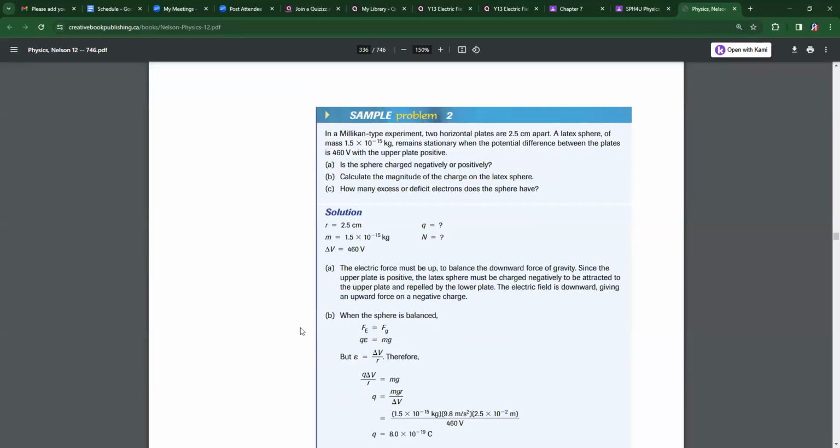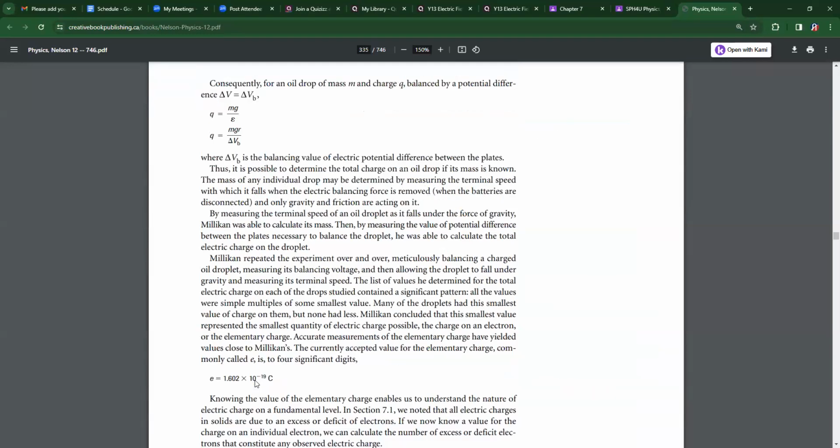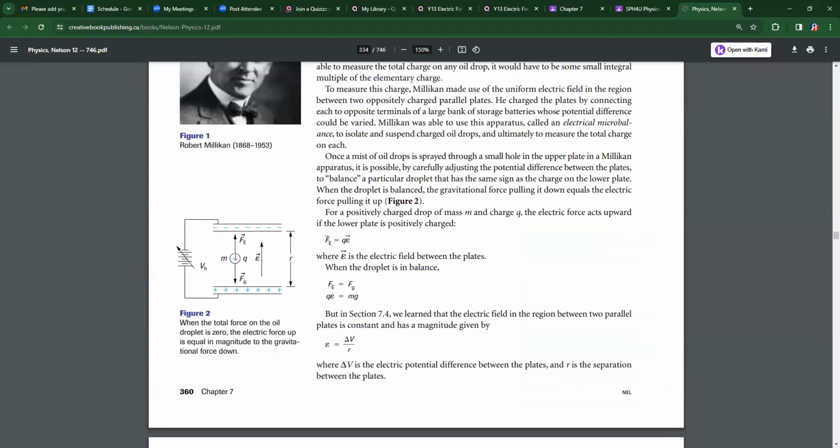Okay, for the Millikan experiment, what you need to know is the free body diagram, which forces act on the object. So he had a particle balanced between two plates. If you have a positive plate on the bottom and a negative one on the top, to balance the particle you need to have a positive charge. So positive will be pushed away from positive, right?